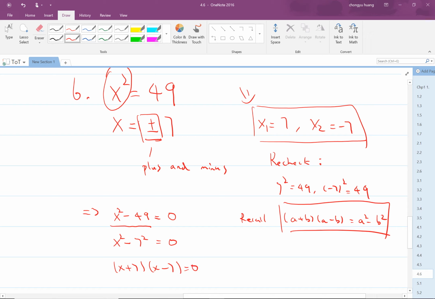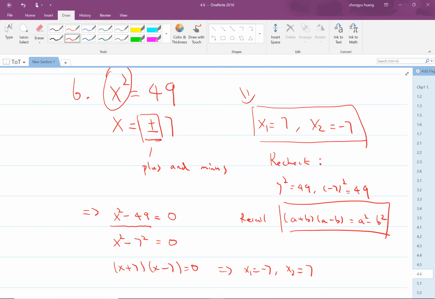That's how you apply the property. Now you should be able to see that the solution over here is x1 equal to negative 7 and x2 equal to 7. Those are the details. You can also write them down as a part of the solution. That's also okay.